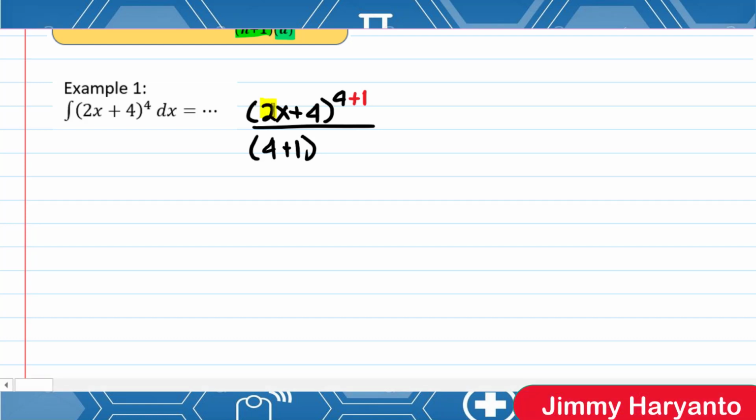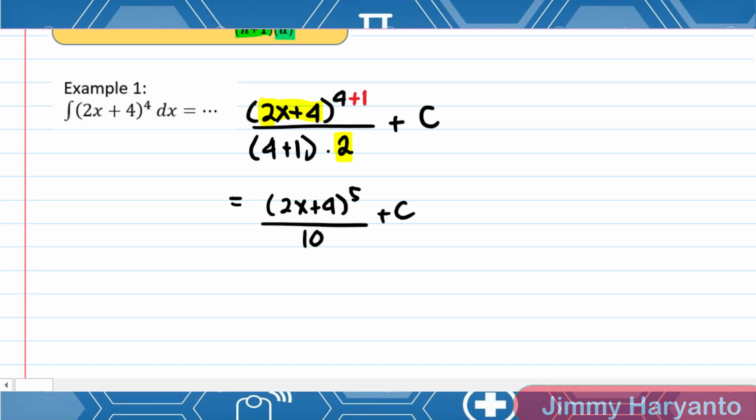After that, don't forget to multiply the denominator with 2, because a is 2, the differentiation of 2x + 4. Then plus c. After that, you can simplify it into (2x + 4)^5 over 5 times 2, which is 10, plus c. There you go, that is example 1.